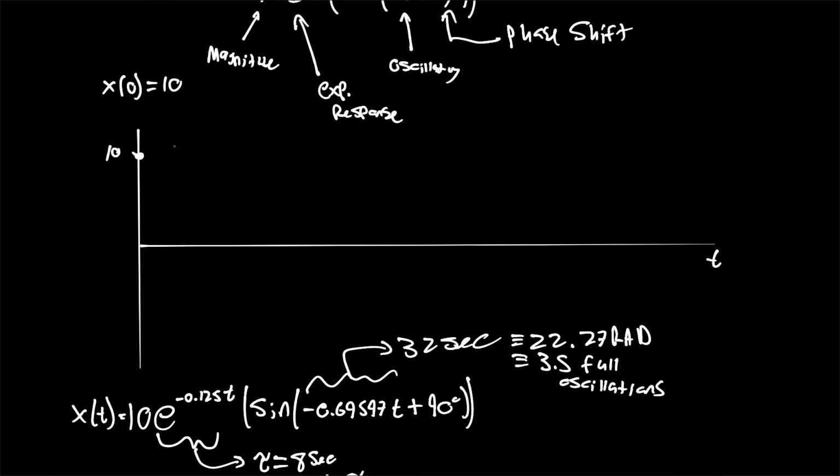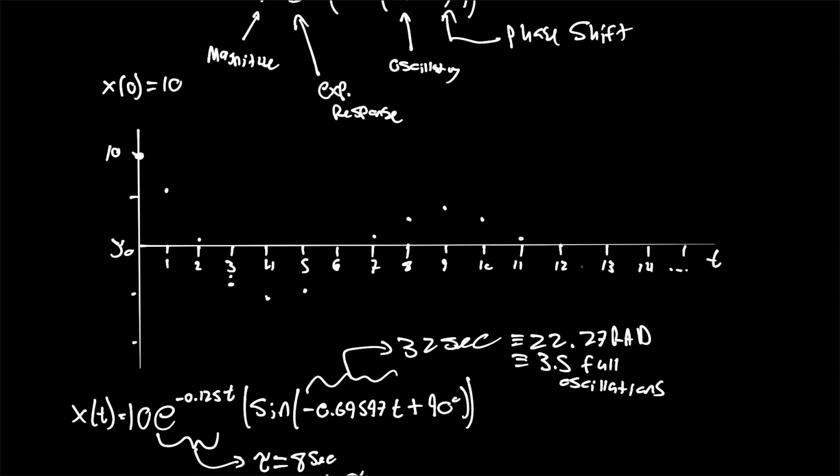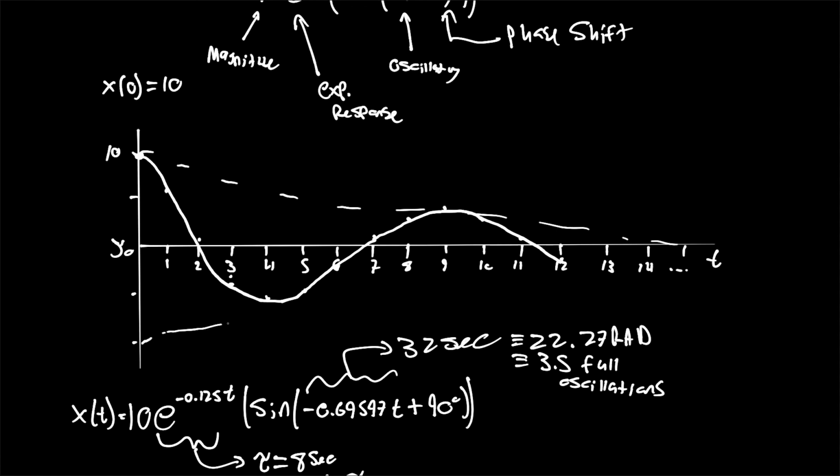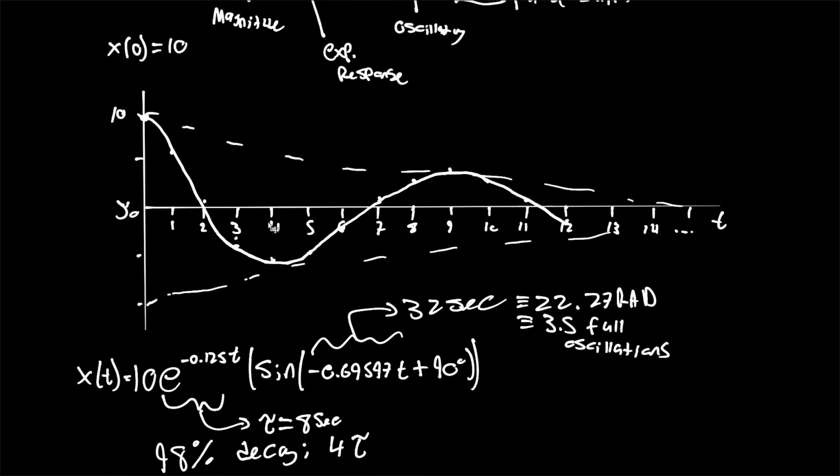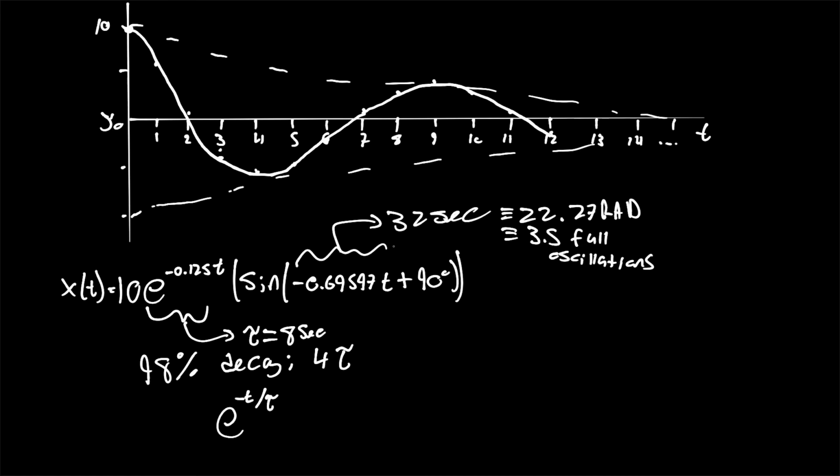So let's draw this out here. Which, as you can see, more or less keeps in line with that exponential decay. If we were to continue drawing this, we would see it continue decaying as it goes down the line, and once we get to around 32 seconds, then we would have it decayed about 98% of the motion.